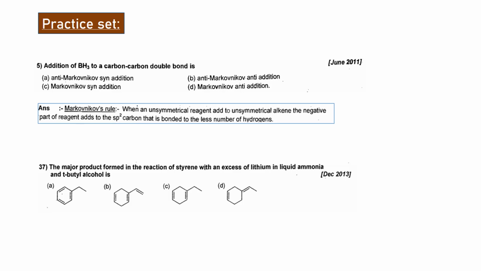What is the Markovnikov rule? When an unsymmetrical reagent is added to an unsymmetrical alkene, the negative part of the reagent adds to the sp2 carbon that is bonded to a lesser number of hydrogens. Suppose we have this type of group.